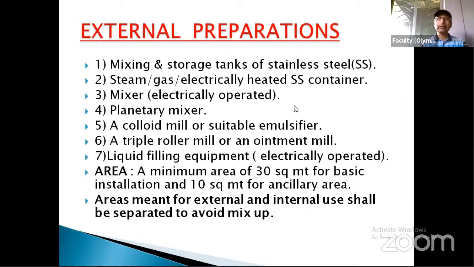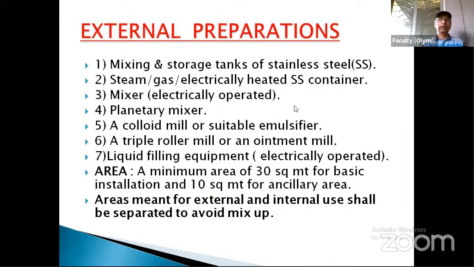Stainless steel containers, which are actually kettle type. That means they have the arrangement of steam, gas, or electrical heating. That means you can heat it electrically by just clicking the switch or by supplying steam or hot gas. That type of containers will be there because you have to use some heated solutions to prepare your preparation.